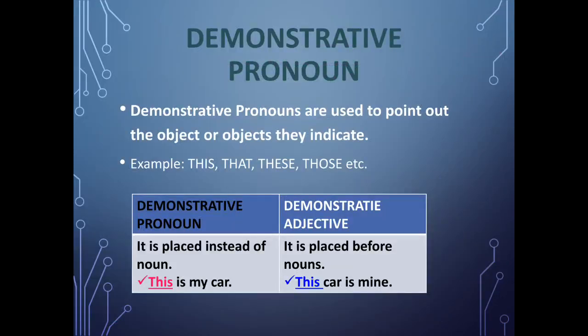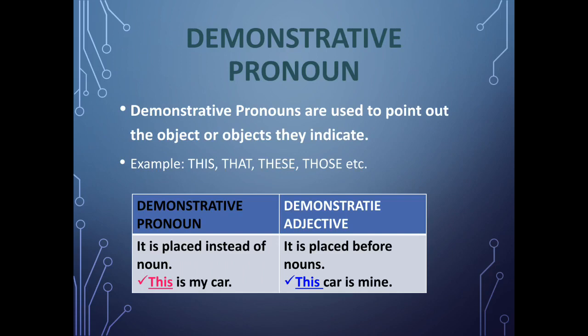Next, demonstrative pronouns. Demonstrative pronouns are used to point out the object or objects they indicate. For example, this, that, these, those, etc. Now, there is a subtle difference between demonstrative pronoun and demonstrative adjective.